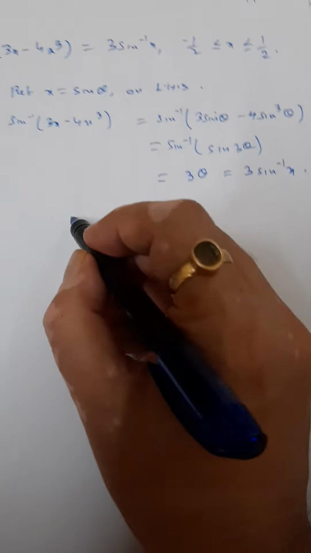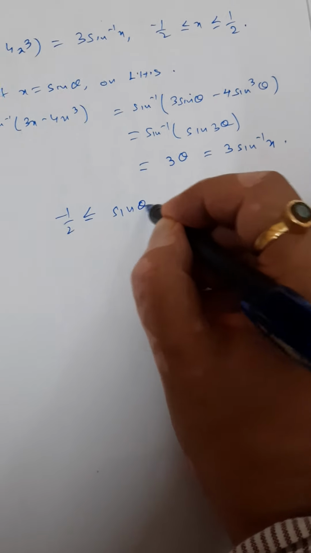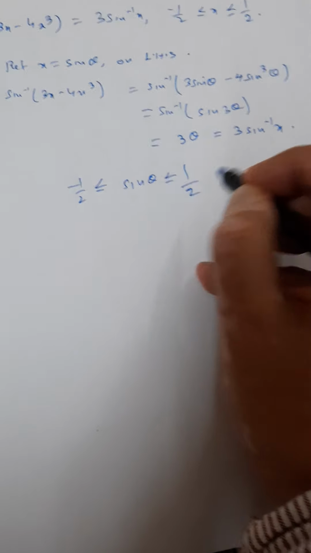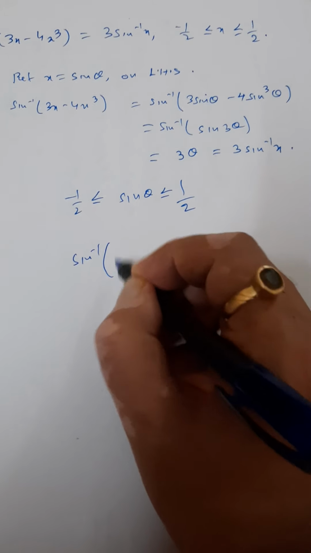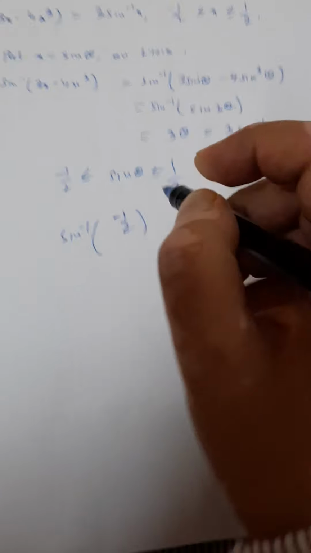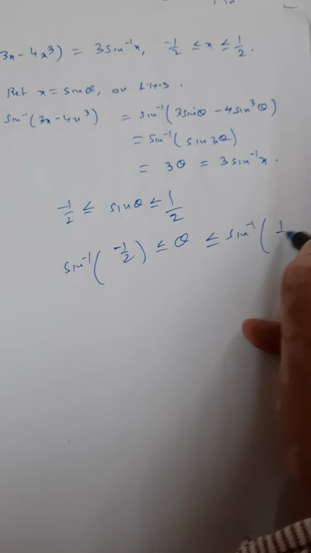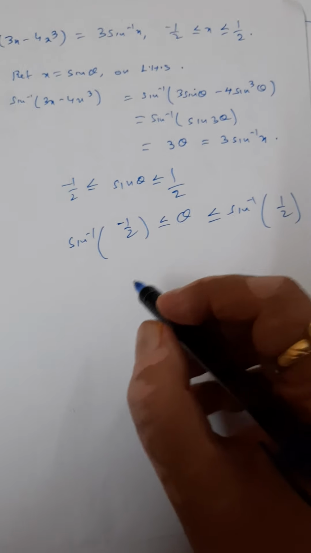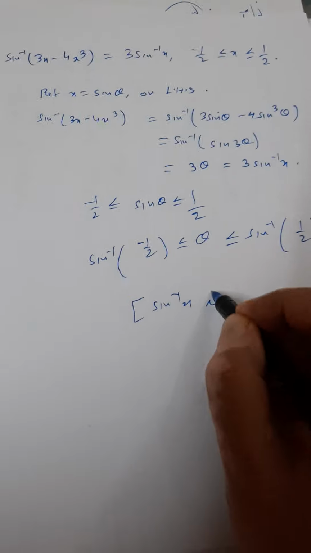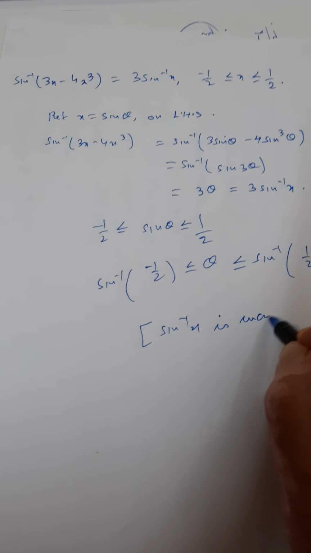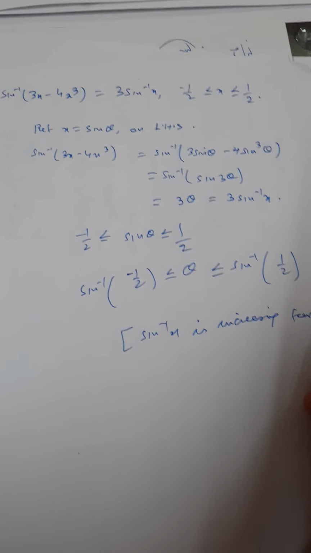Now, as x lies between minus 1 by 2 and 1 by 2, you have sine inverse of minus half less than theta less than sine inverse of half, because sine inverse is an increasing function. If it's an increasing function, you will have the same sign.